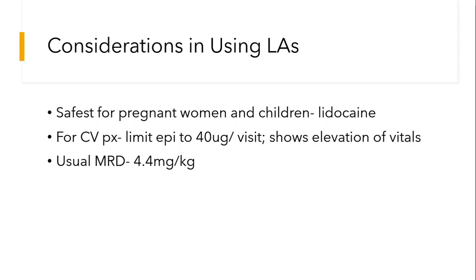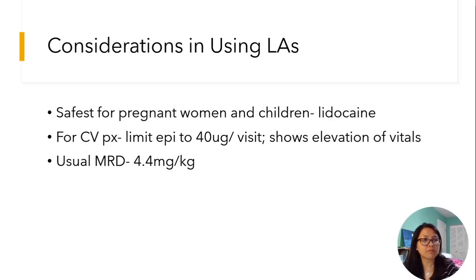Now, other considerations in using local anesthetics. It's safest for pregnant women and children. The safest for pregnant women and children is basically lidocaine. Now, for patients with cardiovascular disease, one thing to take note of is we should limit epi to 40 micrograms per visit. Why?